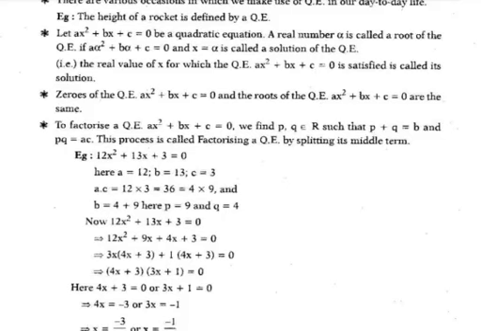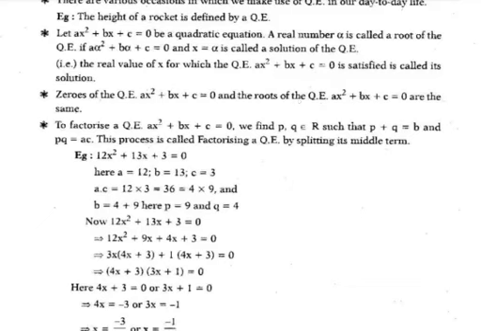And the zeros of the quadratic equation ax square plus bx plus c equal to 0 and the roots of the quadratic equation are the same. That means zeros of the quadratic equation, which has degree 2. So how many zeros are there? 2. And the roots are also 2 if it is degree 2.